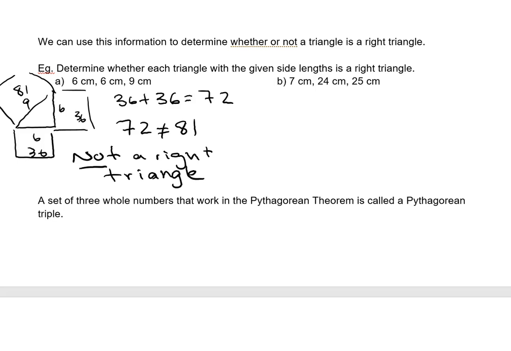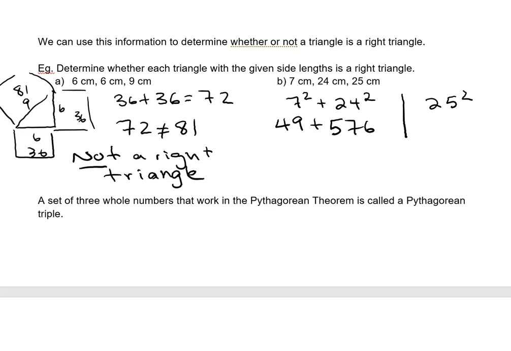Okay, so let's look at these here. I would need to know if 7 squared plus 24 squared, I need to know what that is and compare it to 25 squared. Well, 7 squared is 49. 24 squared, can't think of it off the top of my head, is 576.